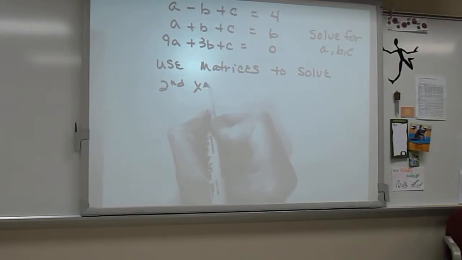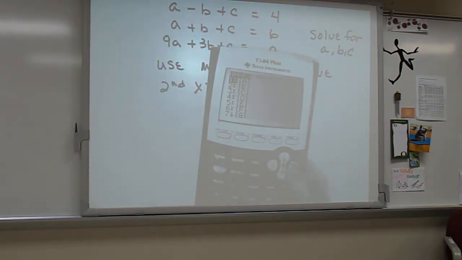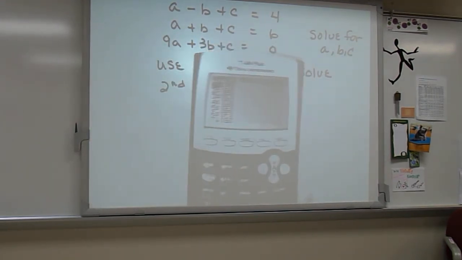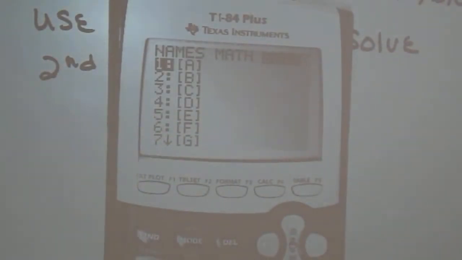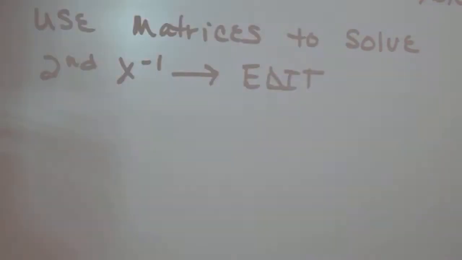Arrow over to edit. Highlight edit. And then hit enter because we're going to edit matrix A. Does that say edit? It does. Edit matrix A.